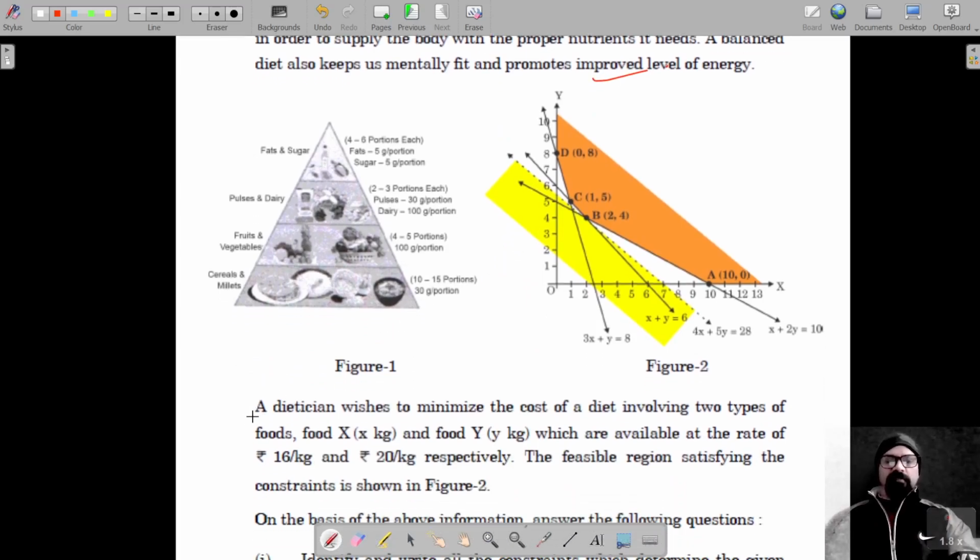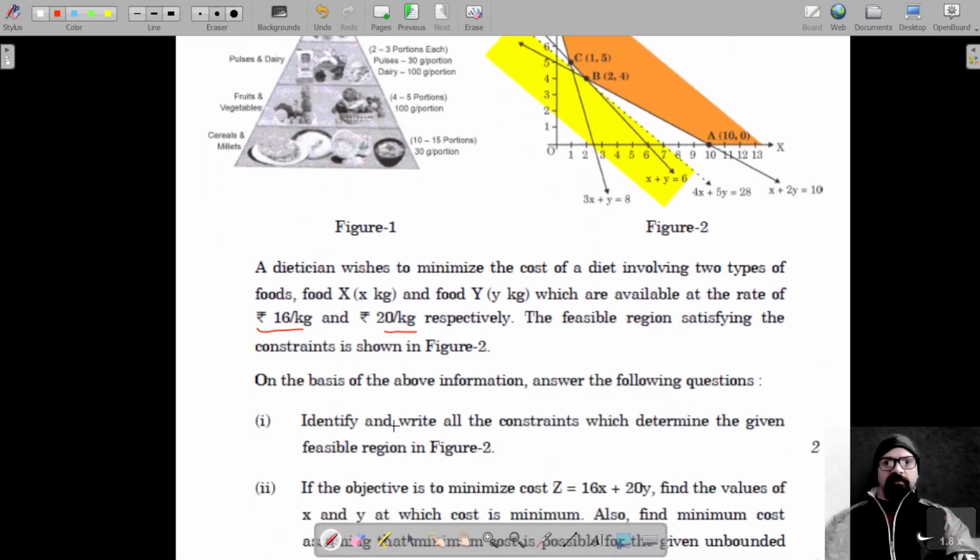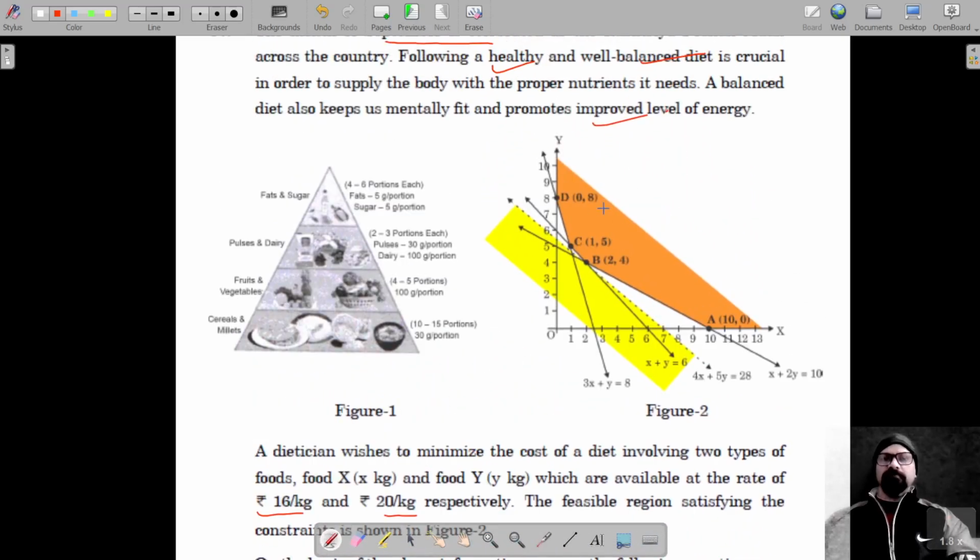Now the dietitian wishes to minimize the cost of a diet involving two types of foods, X and Y, which are available at the rate rupees 16 per kg and 20 per kg, and the feasible region satisfying the constraints is given. On the basis of the above information, we have to answer the following questions: identify and write all the constraints that determine the feasible region.